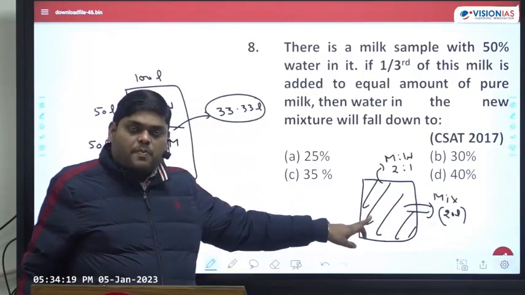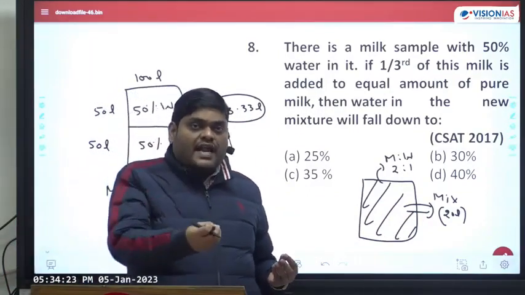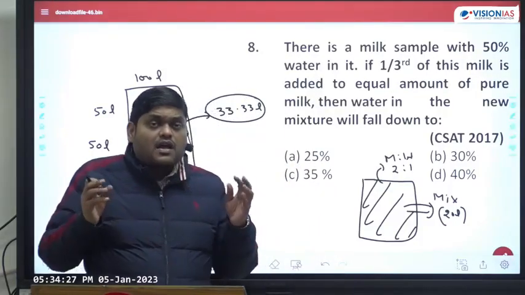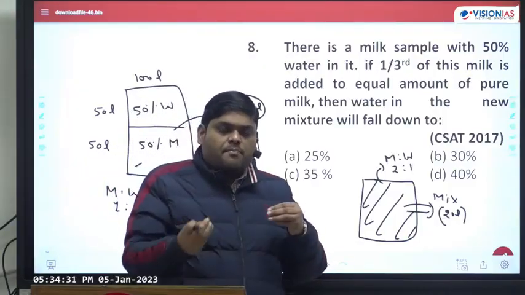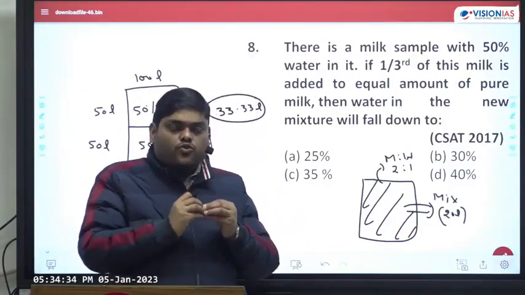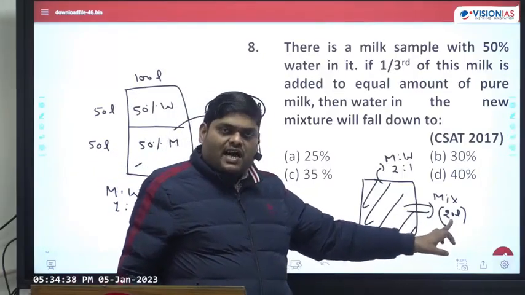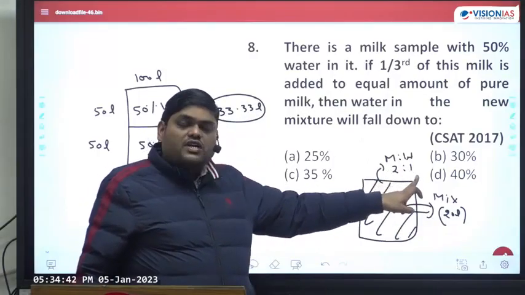The reason is simple, because mixture means what? Homogeneous mixture. It's not like milk is separate and water is separate. They are mixed together properly. And this 20 liter when you are taking out has the same ratio which was present in the original mixture.